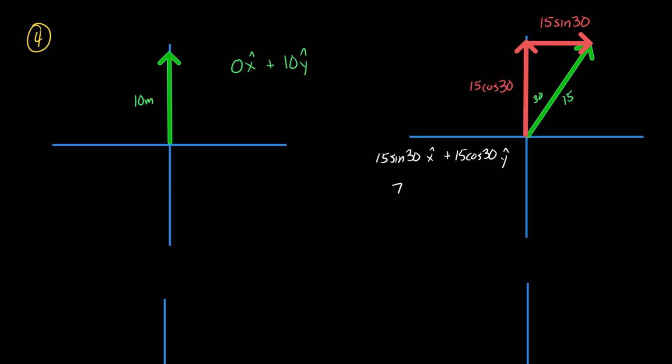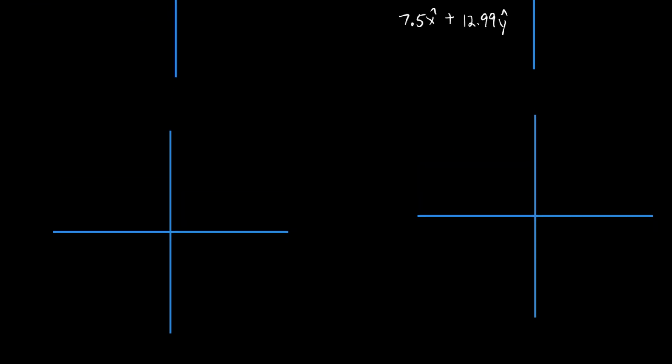So 7.5 x hat plus 12.99 y hat. Next vector. 8 meters, 20 degrees west of north.